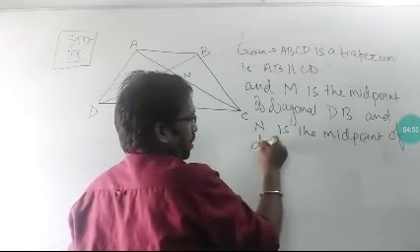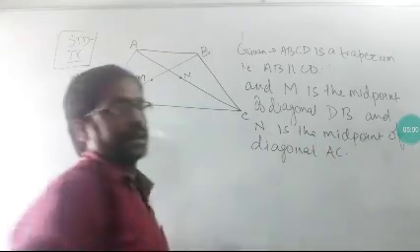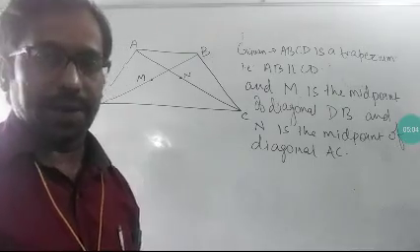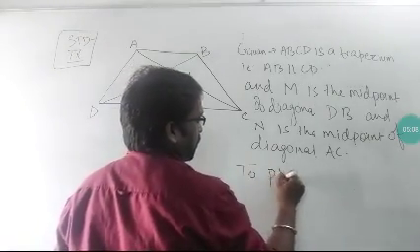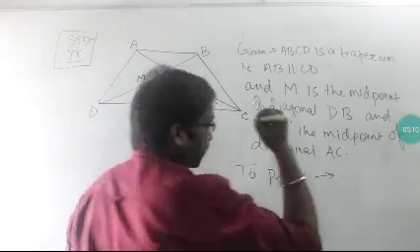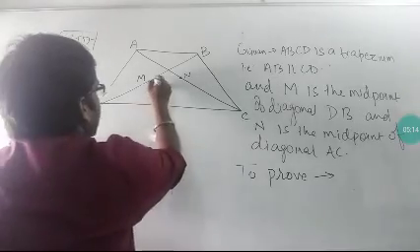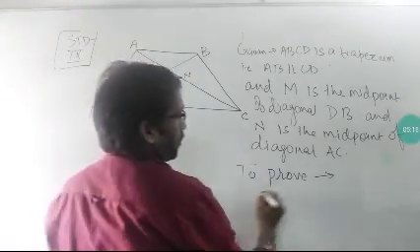Now what? They are asking, if you remember that question, that when these midpoints are joined, we have to prove that MN is equal to half of DC minus AB.